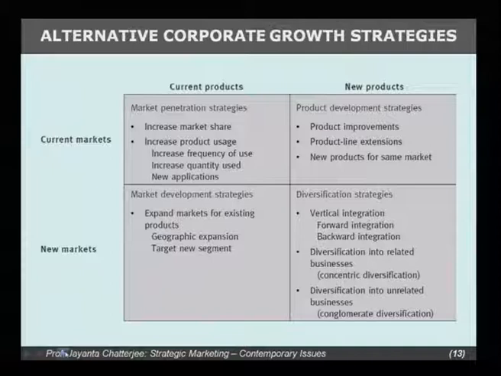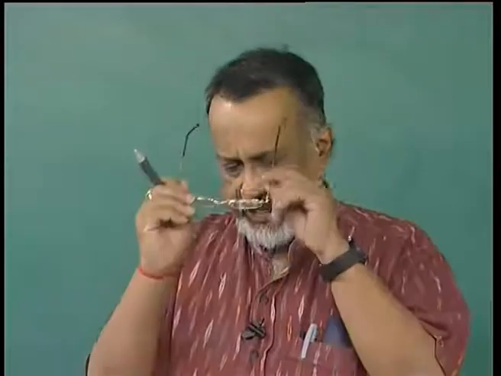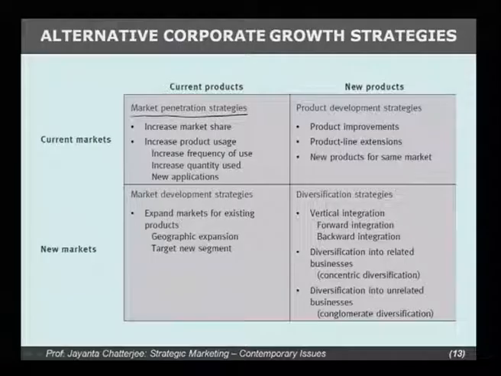So, when we say current product in current market, then we say our strategy is market penetration, because as we discussed yesterday with respect to Woodland, it has a dominant market share in the adventure footwear in India. 75% of its current revenue comes from domestic sales, and therefore, it needs to have a constant focus on increasing this current market share, because the market itself is expanding. So, it has to keep pace with that growth rate.